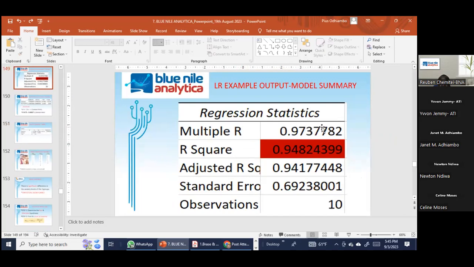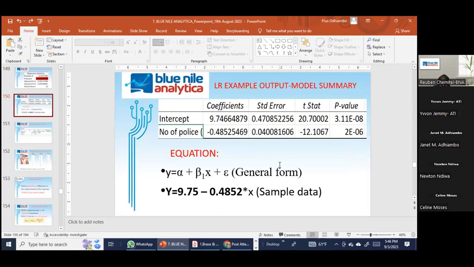And what we said is R was basically the correlation between the two variables. R square was the square of the correlation. And what R square meant was the contribution of the independent variable to the dependent variable.